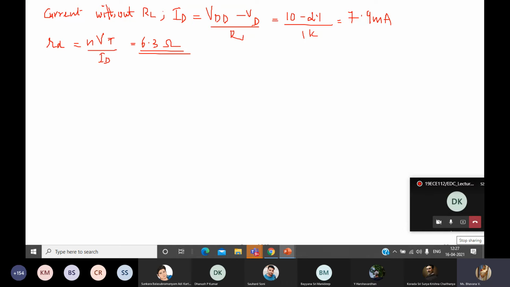So this is for a single diode. So how many diodes do we have? 3.